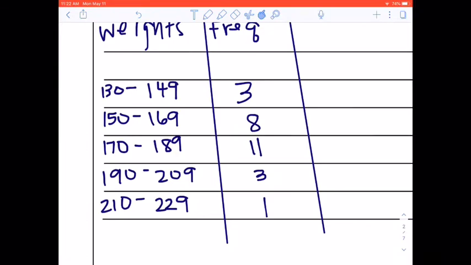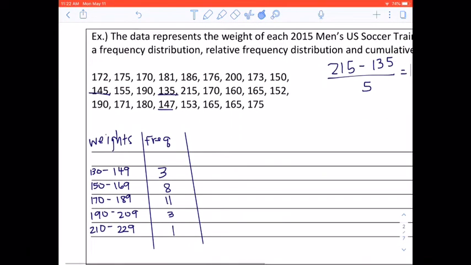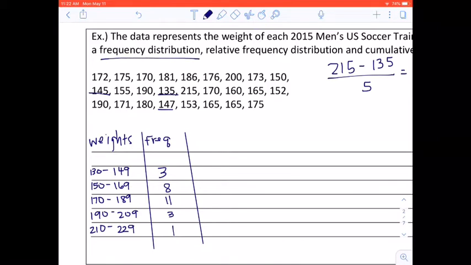So that was the first thing that it asked for in the directions. The directions said to find a frequency distribution. We just did that. The next one says to find a relative frequency distribution. To do that, we need the total for our frequencies, and if you add these all up, we get 26, which is the total number of men that are on the men's U.S. soccer training camp team.